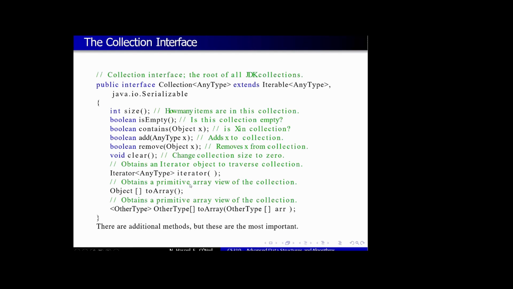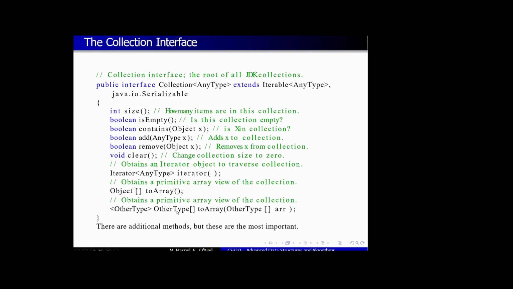You can get an iterator to go through the collection, and you can shift the whole thing over to an array, but you end up with an object array. That's only useful occasionally.